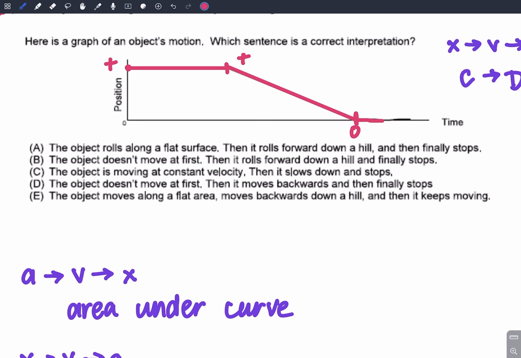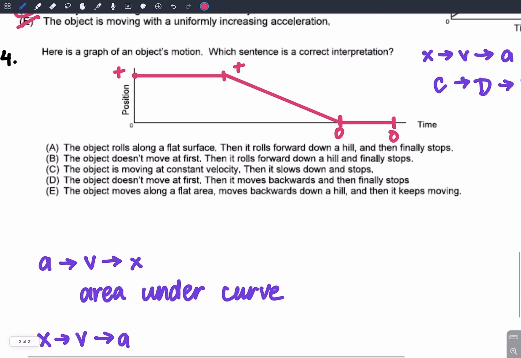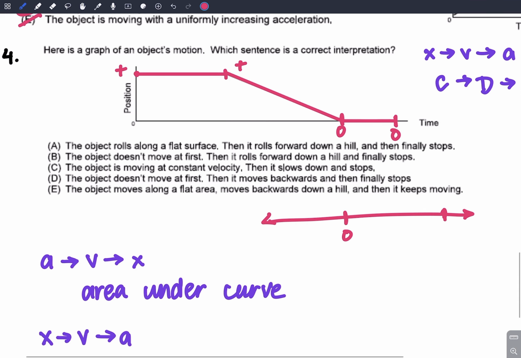And then it continues to stay at 0. Still at 0 here. So if we were to draw this out, I always like to look at it with a number line. So if this were 0, and this is our positive value, we can just assume that it's 8.